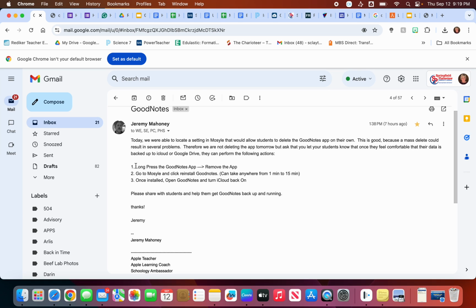So you are open just to your home screen. Don't go into GoodNotes. You are going to long press the GoodNotes app. This is where you hold the GoodNotes app and you keep your finger on it and it makes it shake and it gives you that negative sign. You are going to delete it.